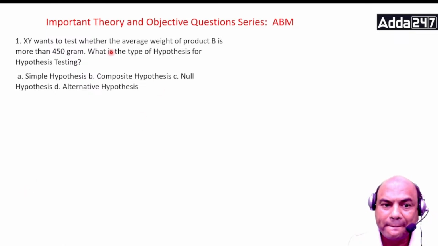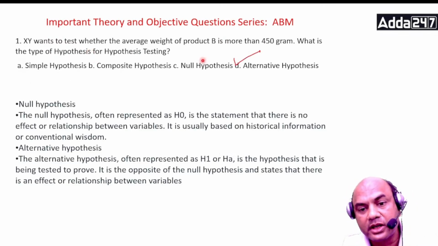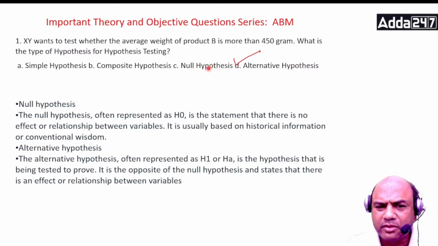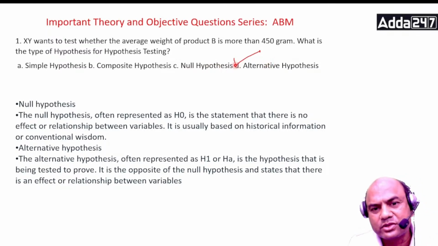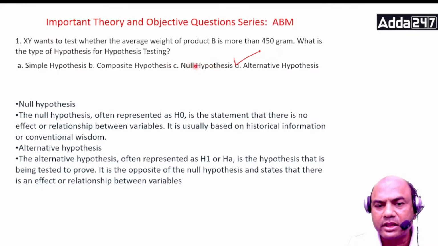So whether the weight of the product is more than 450 grams, more than. In that case, we'll use alternative. Why alternative? I'll give you the logic behind this. Remember there are two main hypotheses. Among these four, there are only two: null and alternative. There are others also, T square, chi square, all these. But in these four, there are only two, null and alternative.